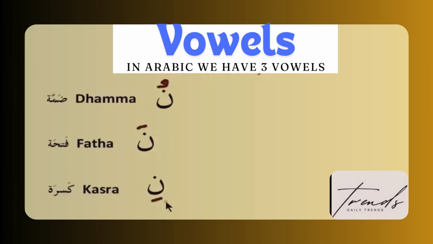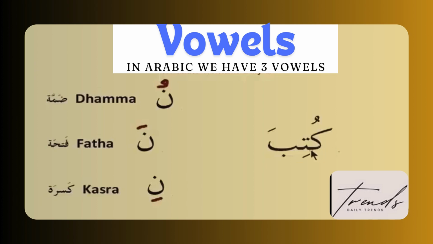Now, it's a good idea to memorize these three names, Dhamma, Fatha and Kasra, which will help you through your studies in Arabic. So let's do an example of a word that has these three vowels in the word. So let's try to pronounce this word.